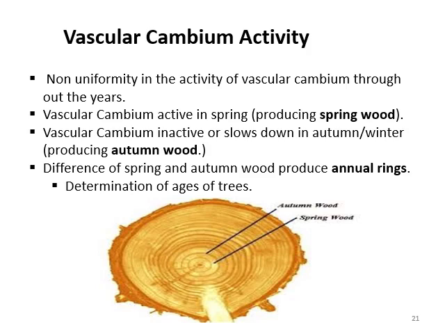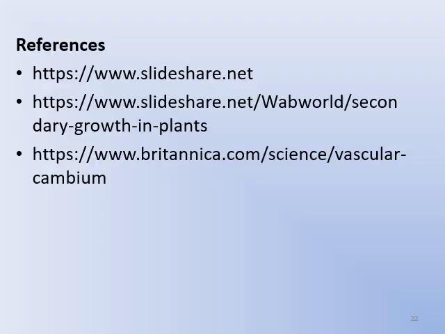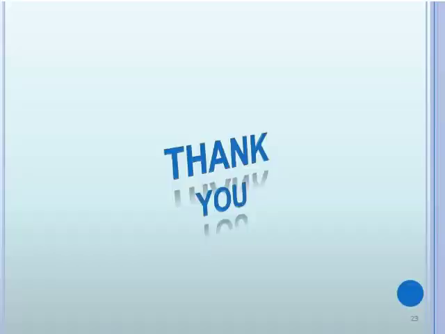This difference of spring wood and autumn wood produces annual rings, and annual rings can be seen in the transverse section of wood, and these rings help in the determination of the age of trees. All about this lecture. Thank you.